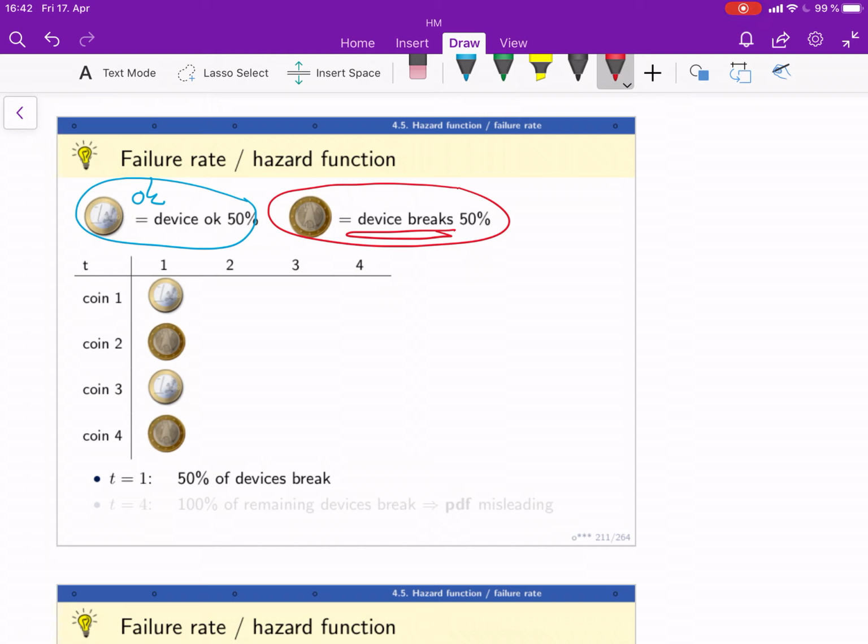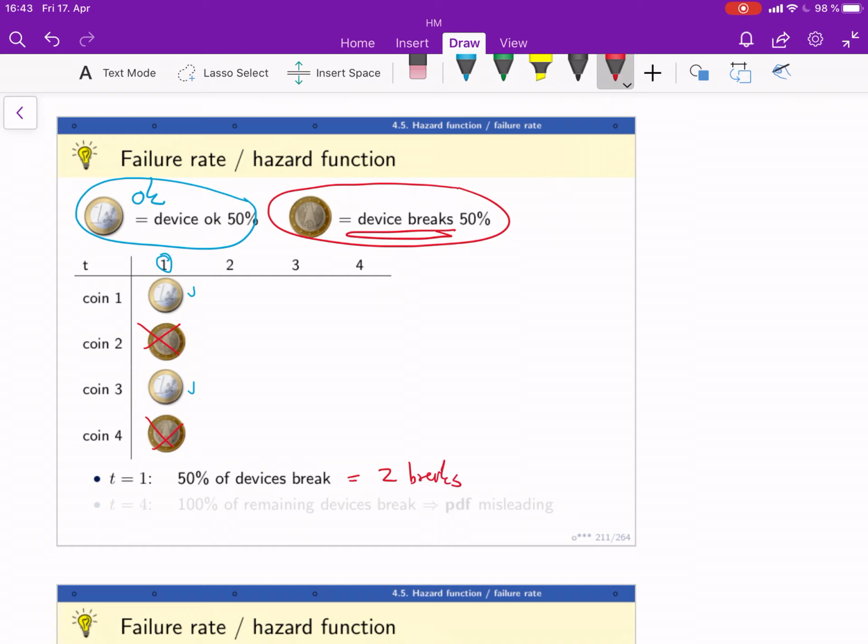So we start with 4 devices, and at t equals 1, we flip all 4 coins and we see 2 devices are fine and 2 break. So at t equals 1, 50% of devices break, or that is a total number of 2 breaks.